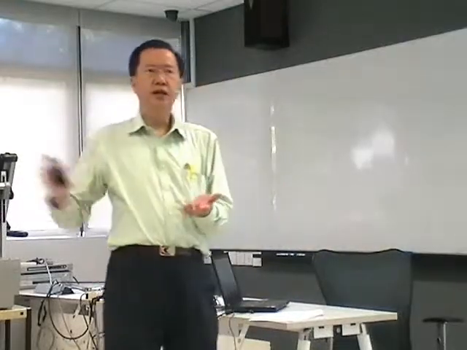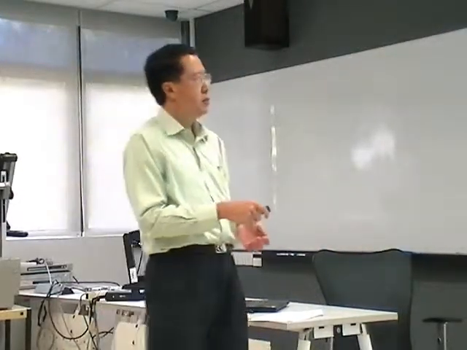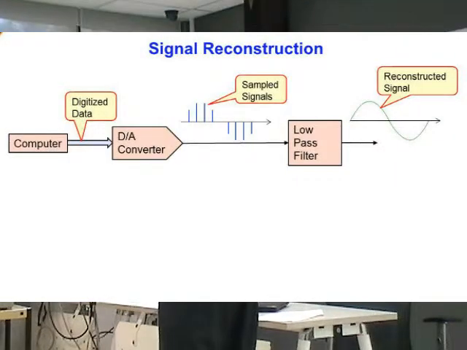So, signal reconstruction. Now you've got this stream of data and you want to reconstruct it. How do you do it? The computer reads from its memory and sends it to a digital to analog converter, and from this converter you get back your sampled signals. You have to use the same time frame that you sampled at in order to get the right frequency, and you pass it through a low pass filter.